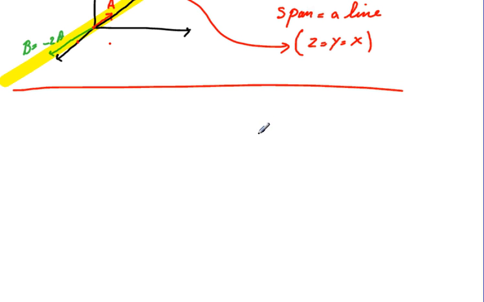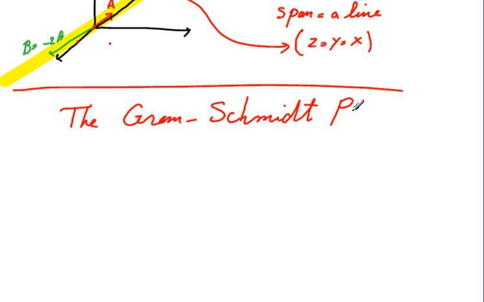Let's move on to the issue of the Gram-Schmidt process. So what's the issue here? The issue is in life we like lines to be perpendicular to each other. This situation is a lot easier for us to handle than two vectors that make some kind of arbitrary angle between them.